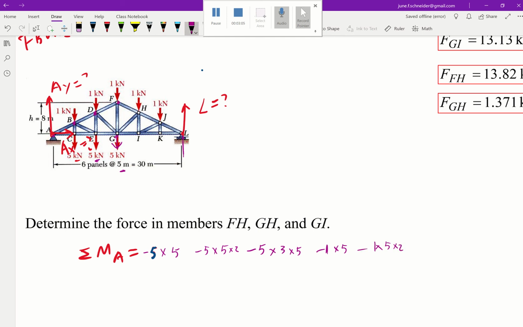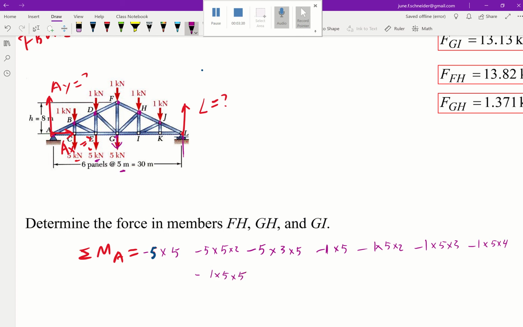And the force at F, 1 kilonewton, is 5 times 3, also clockwise. Then we continue with the 1 kilonewton at H, so it's 1 times 4 panels. Then the force at J is 1 kilonewton, so this is a very long one: 1 times 5 times, there are 5 panels.